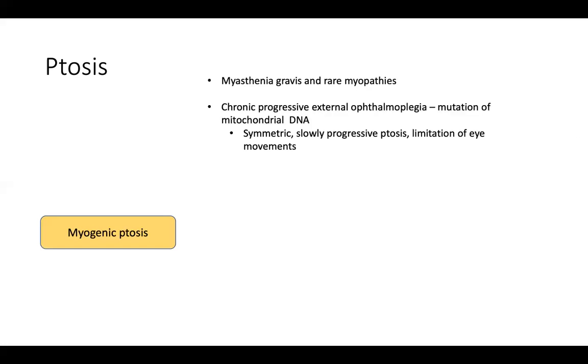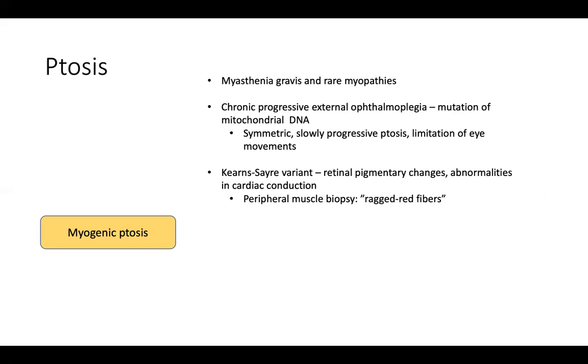As the name implies, the most prominent findings are symmetric, slowly progressive ptosis and limitation of eye movement. In the Kearns-Sayre variant, retinal pigmentary changes and abnormalities of cardiac conduction develop. Peripheral muscle biopsy shows characteristic ragged red fibers.